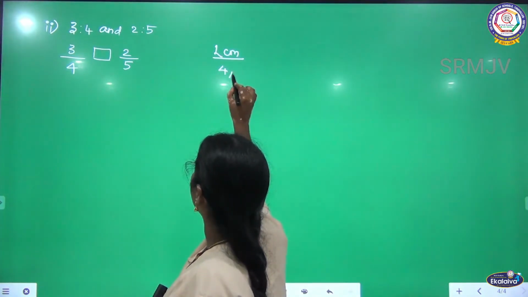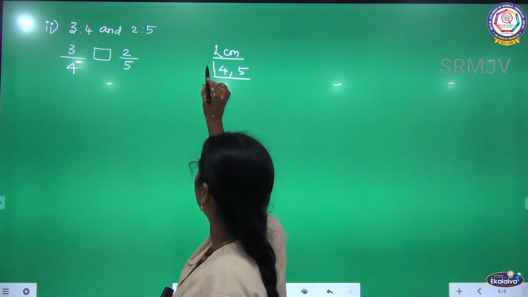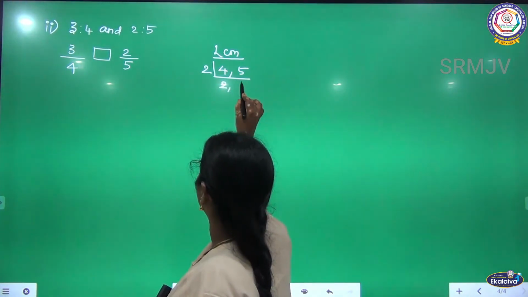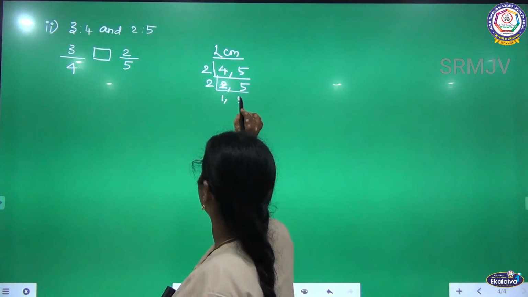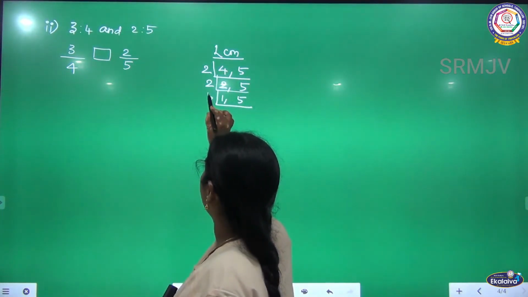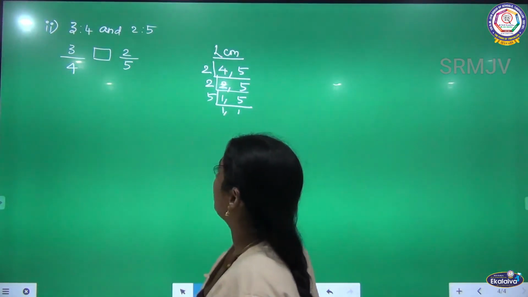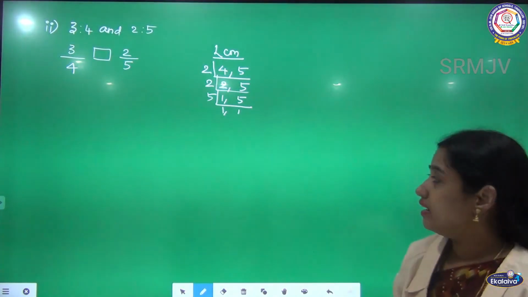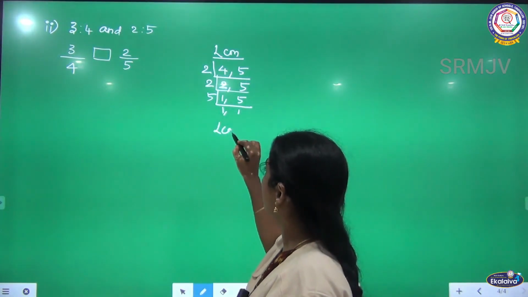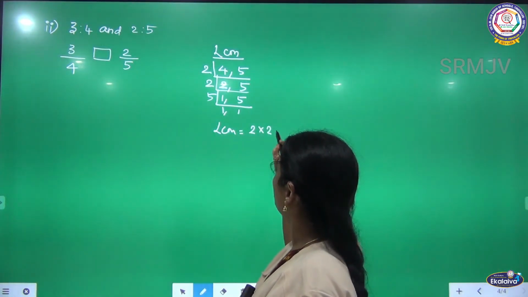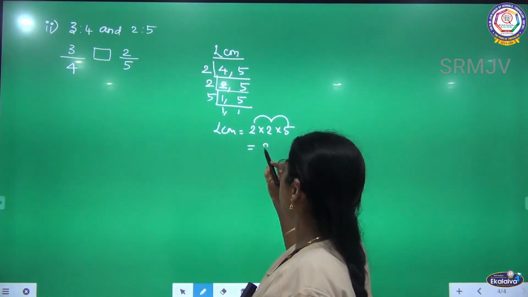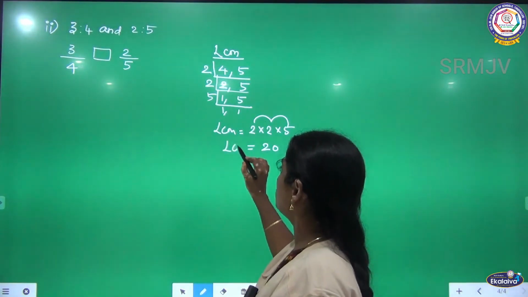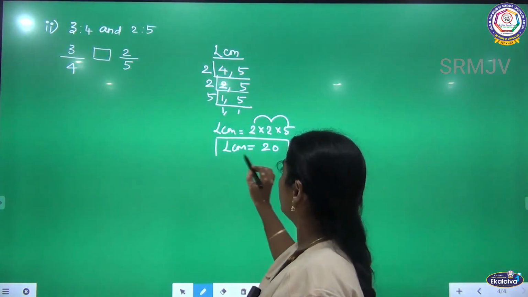What about 4, 5? 2. 2 2s are 4, write the 5 as it is. Again 2 1s are 2, write the 5 as it is. Next 5 1 1. 5 1s are 5. Now write the LCM. What is the LCM? 2 into 2 into 5, which is 20.